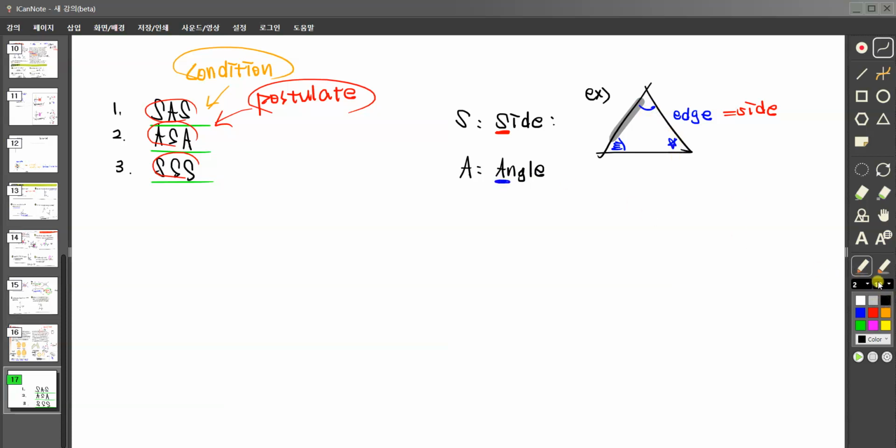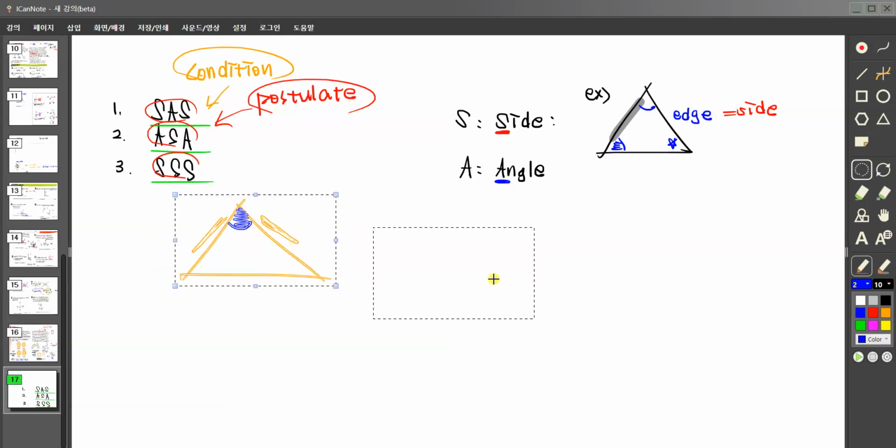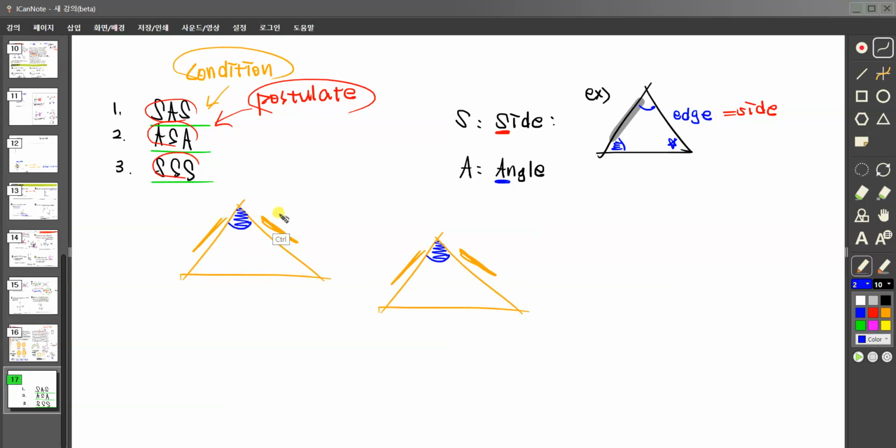That represents an angle. So SAS means two sides and the angle between them. If these factors are same, then we can call these two triangles totally same. That means congruent. 이렇게 부를 수 있어요.